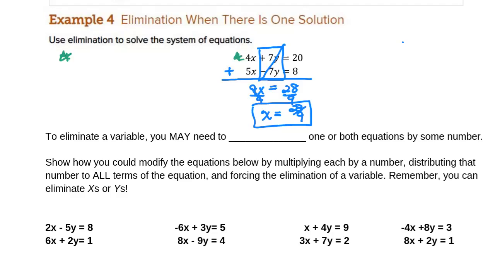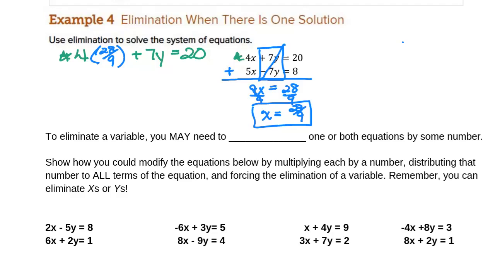So I'm going to say 4 times my x value of 28 ninths plus 7y equals 20. So I'm just rewriting that same equation but substituting x in. Okay? Now, I have a fraction. I don't like to deal with fractions.